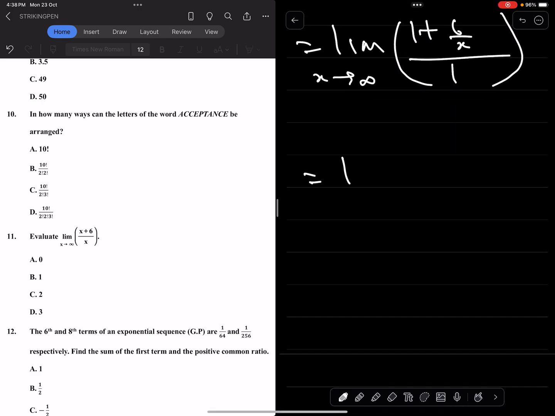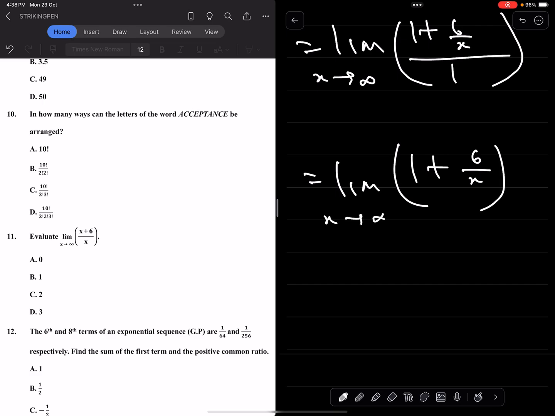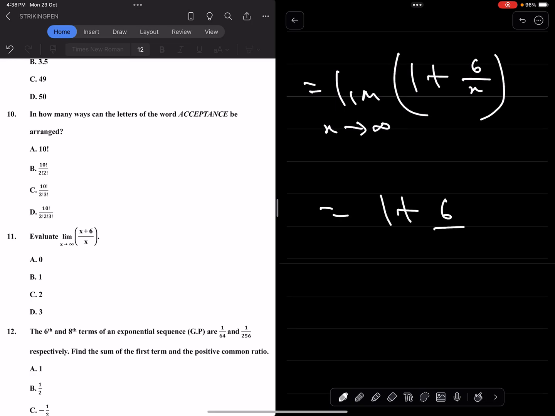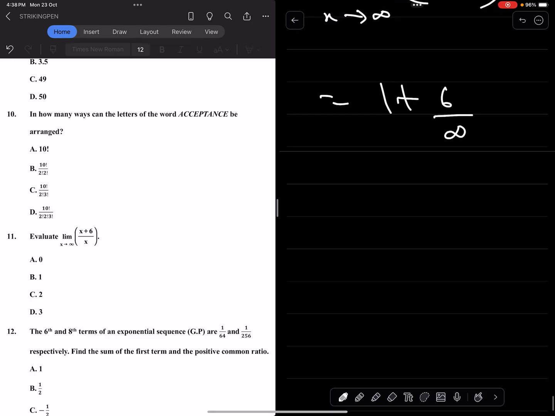That's the limit of 1 plus 6 over x as x tends to infinity, which is simply equal to 1 plus 6 over infinity, and this is just going to be 0, and that's 1 plus 0, which is 1.